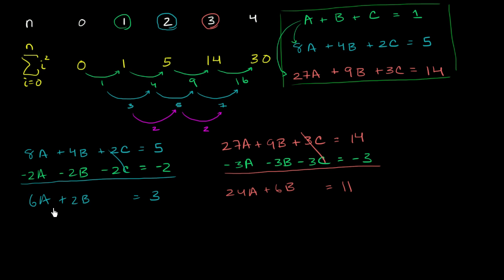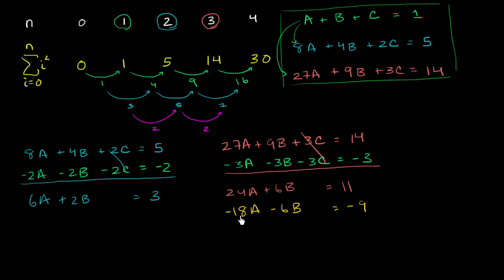And if I multiply this equation right over here times -3, I should get the B's to cancel out. So let's do that. If I multiply this times -3, 6A times -3 is -18A. 2B times -3 is -6B, is equal to 3 times -3, which is -9.